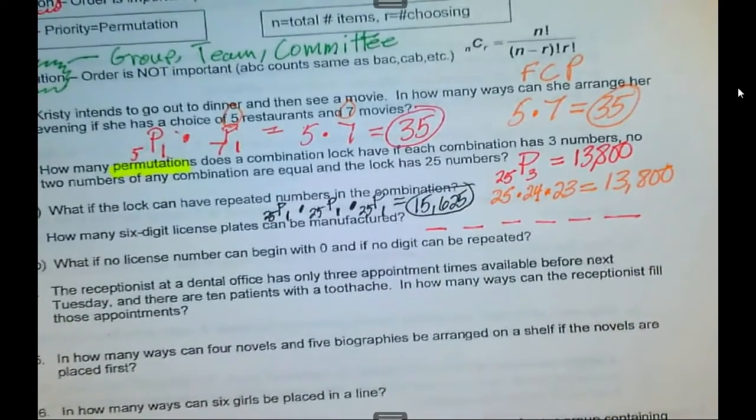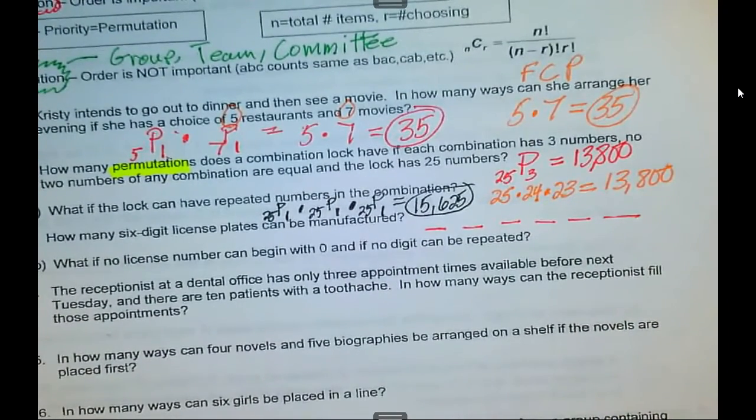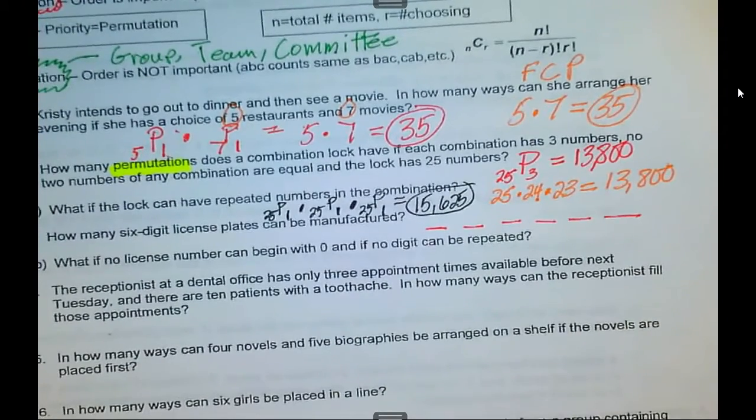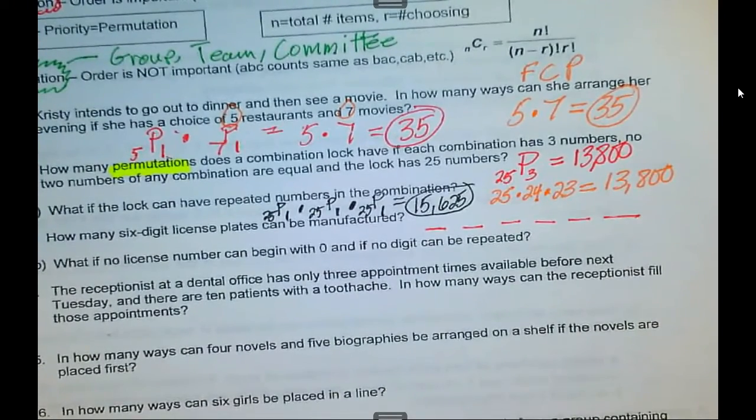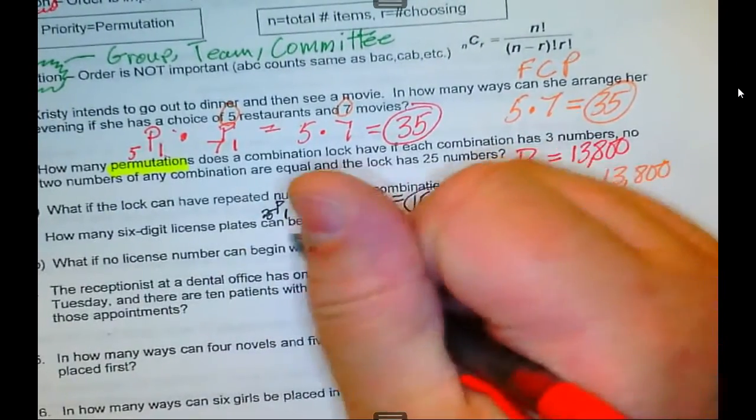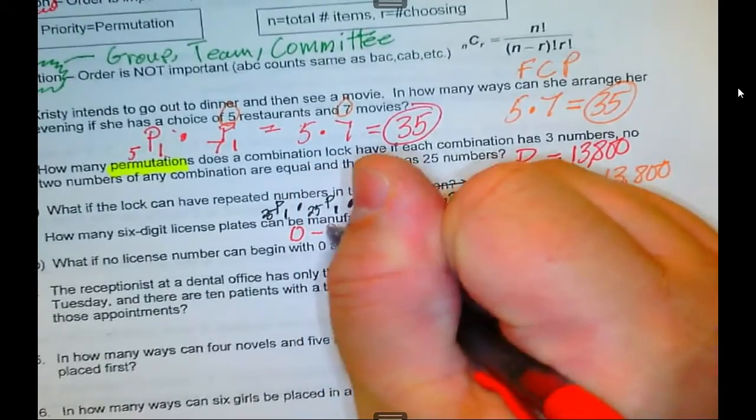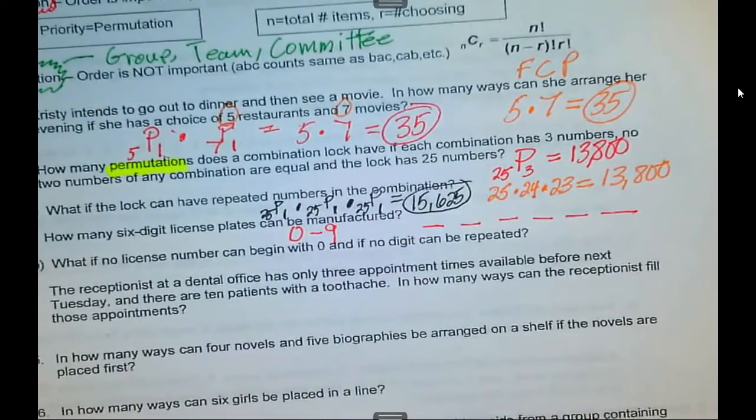There's my 6 digits. What are my digits that I can use? And 0. Yeah. So my digits I can use, 0 through 9. How many digits is that? 10.